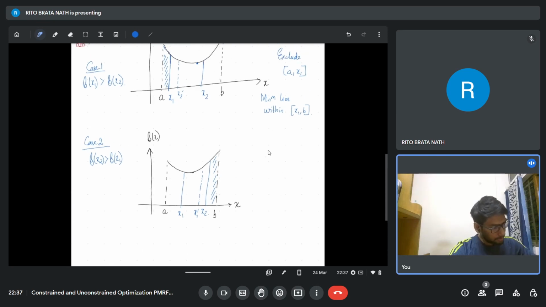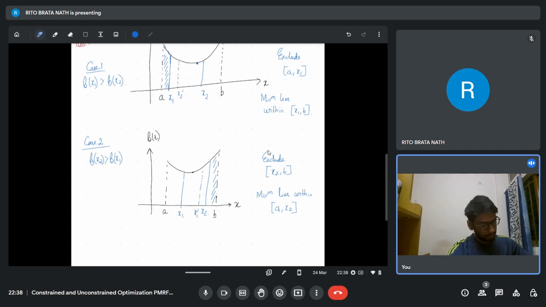So in this case, exclude x2 to b, and the minimum lies within a to x2.